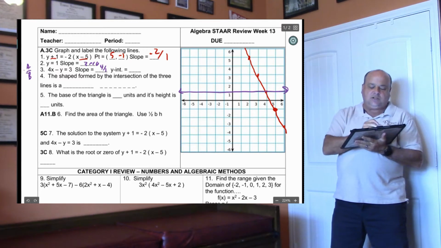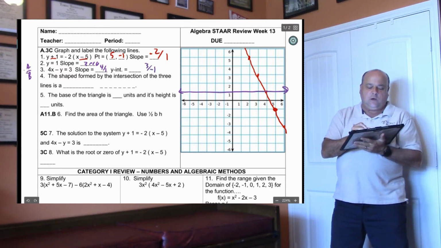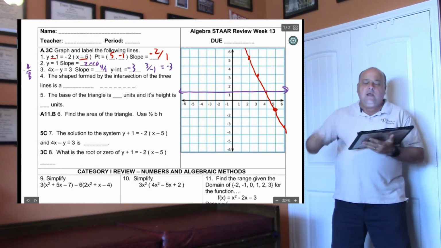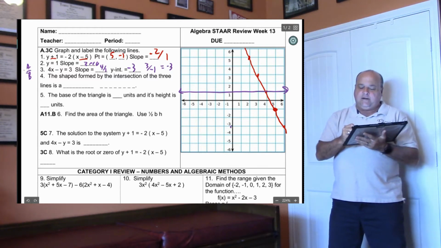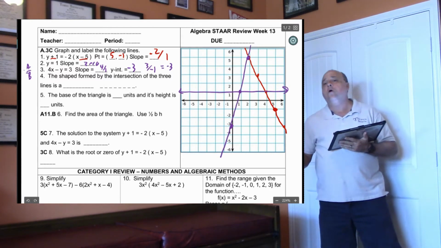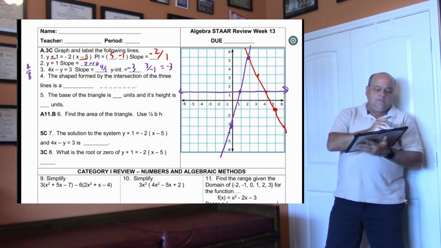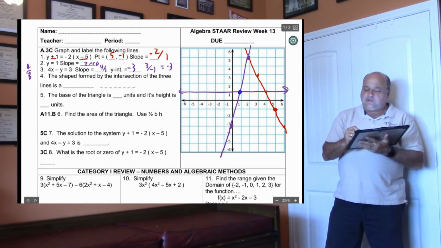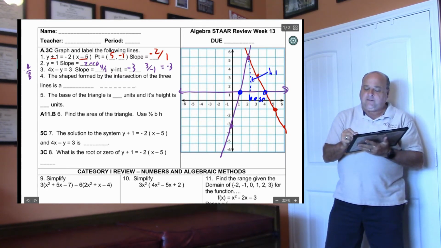And the y-intercept is 3 divided by -1, which is -3. So I know that this line goes through -3, and it's going to go up 4/1, up 4/1. So it's going to do this, isn't it? So we have a triangle right here. This edge right here is going to be our base. From here to here, that's going to be our height.